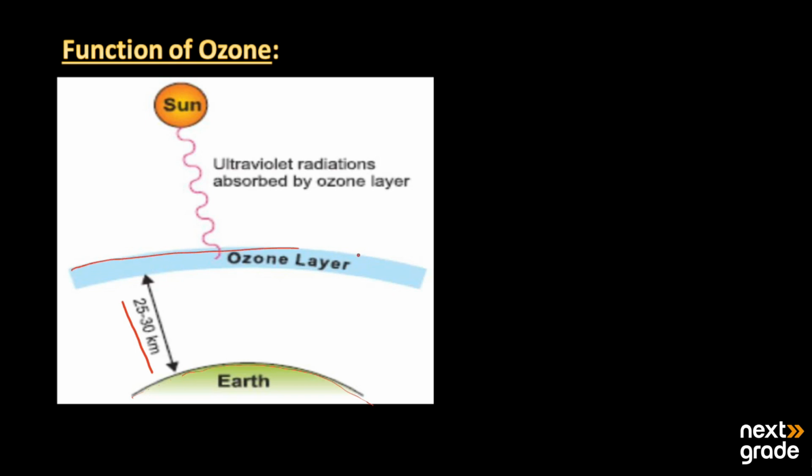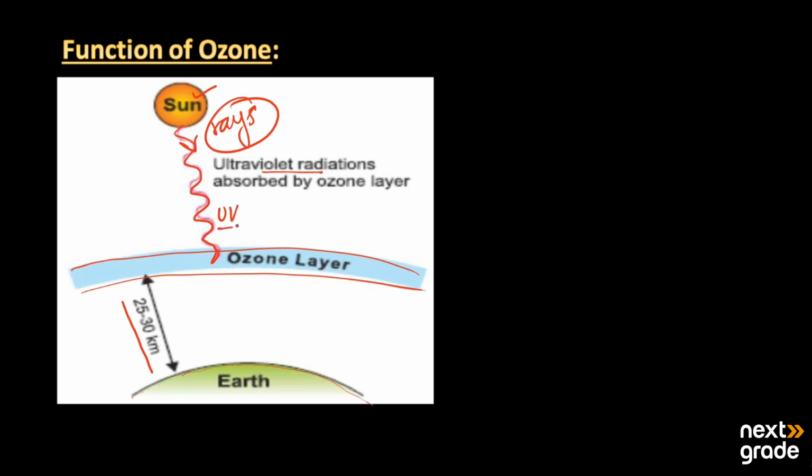So this is the ozone layer and this is the sun that is releasing radiations or different types of rays. These rays contain the UV radiations, or ultraviolet radiations.